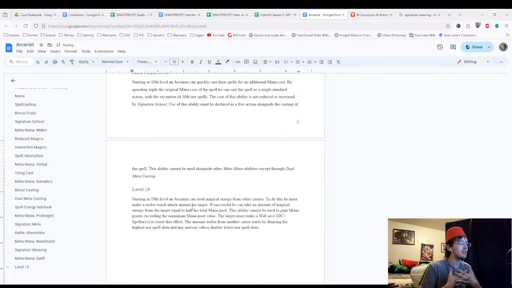Lower tier spell slots, which means that an Arcanist with a pool of 30, let's say, does this, and again, the level 19 Arcanist fights a level 19 wizard. He makes the melee touch attack. He touches the wizard, and he starts stealing his magic. He has a maximum of 30, and he has no pool right now. That's why he's doing this. He can then go, all right, I'm going to take 15. What then happens is that he takes a 9th tier spell slot, because that's 9 points.